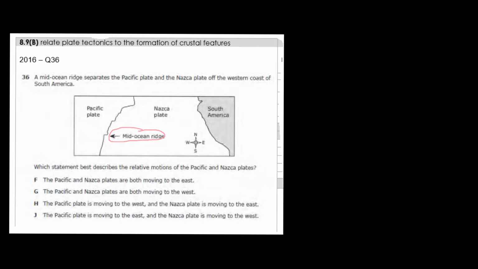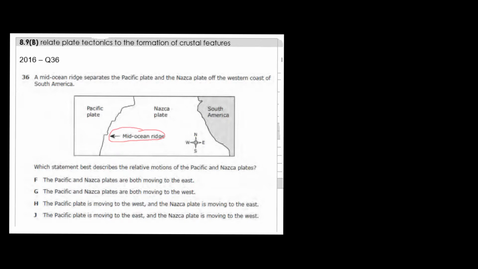We know that at a transform boundary, you have fault lines and earthquakes that take place, not a mid-ocean ridge. So our two types of plates that we would need to consider would either be convergent or divergent.